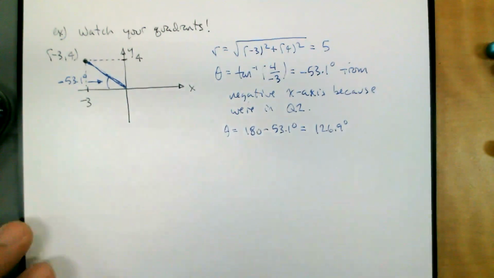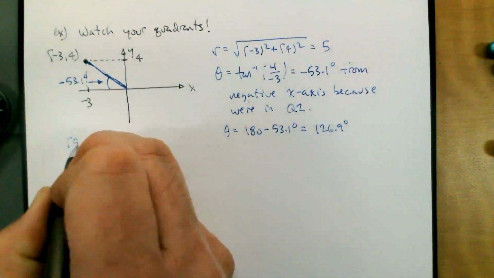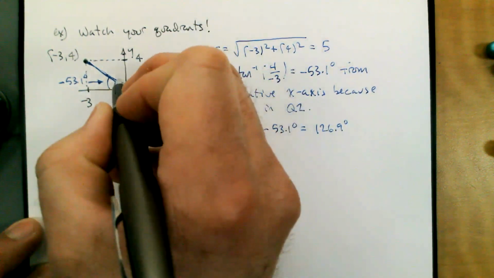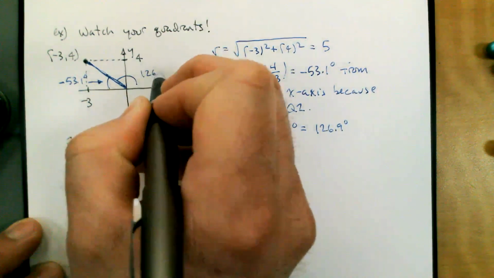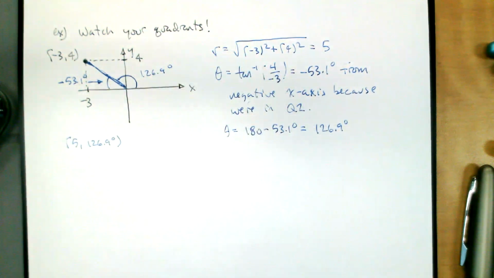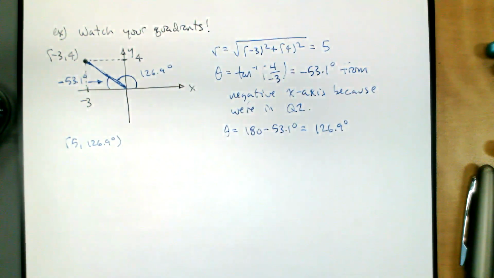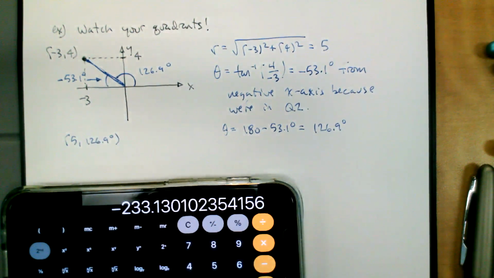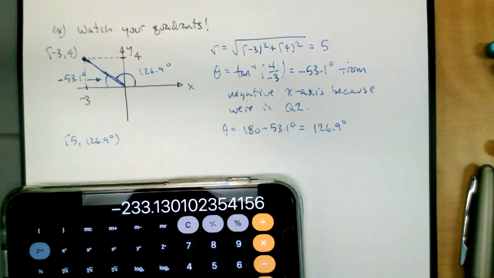So we would list the coordinates of that point as 5 and 126.9. We can also go around the other way. If I subtract 360 from this, another set of coordinates for this same point could be 5, negative 233.1.